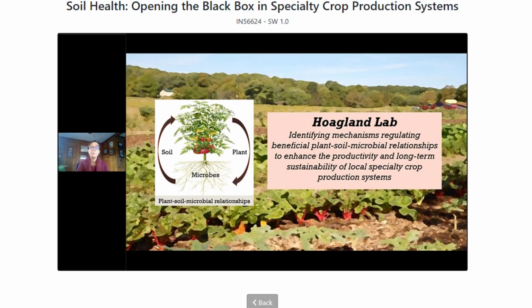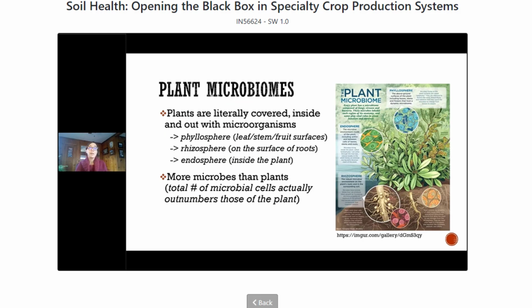And so that brings us to plant microbiomes, which is something that has been getting a lot of press recently. So we know, just like soils, plants are literally covered inside and out with microorganisms. So they're living on the surface of leaves, they're living on the surface of roots, and they're even living inside the plant.